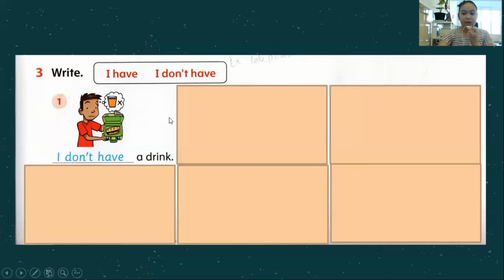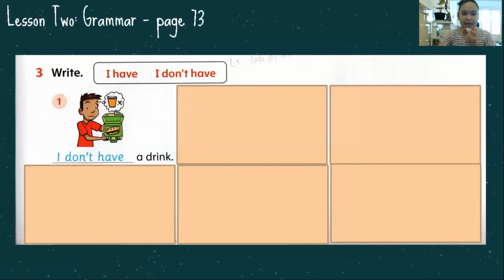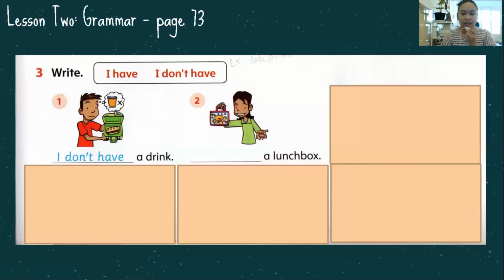Now let's do number 2. Get your markers and board ready. Write on your board I have or I don't have. Look at number 2. A lunchbox. Look at the girl. Is it I have or I don't have?